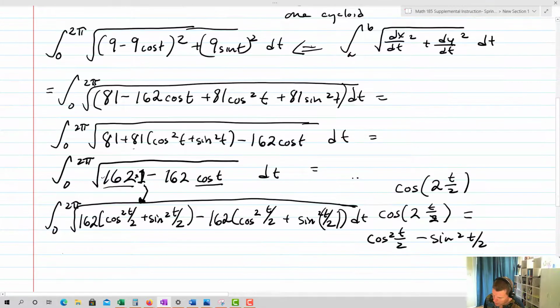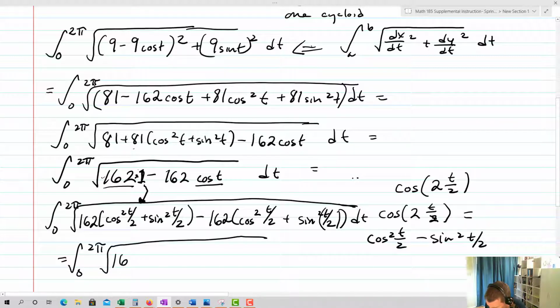And then that will equal this integral from 0 to 2 pi of the square root of 162 times, and the cosine squared t over 2 terms are going to cancel, because one's negative and one's positive, so we're just going to end up with 2 sine squared t over 2, dt.